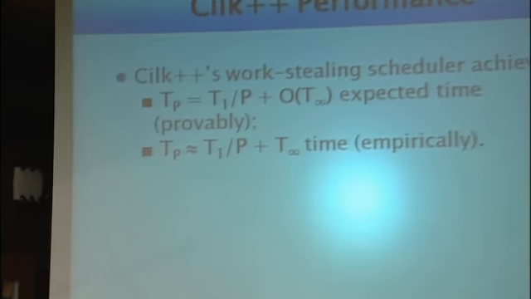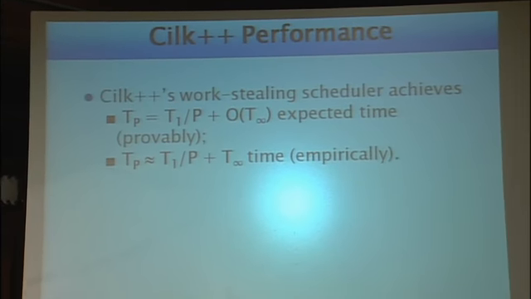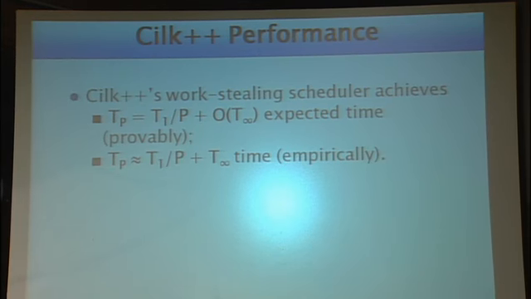Even though it's a more complicated scheduler from an analytical point of view, it's really based on the same theory as greedy scheduling. It guarantees that the time on P processors is at most T1 over P plus order T infinity. So there's a constant here. And it's a randomized scheduler, so it only guarantees this in expectation. It actually guarantees something very close to this with high probability.